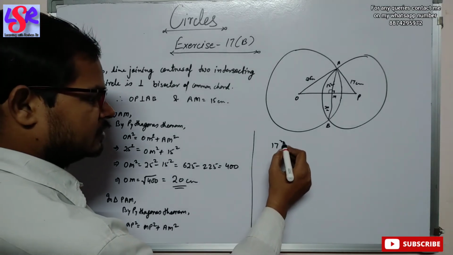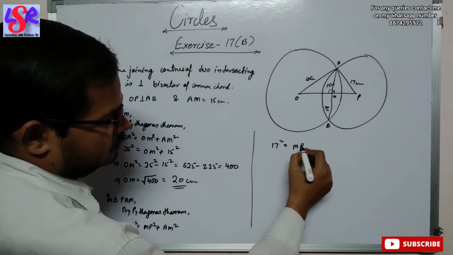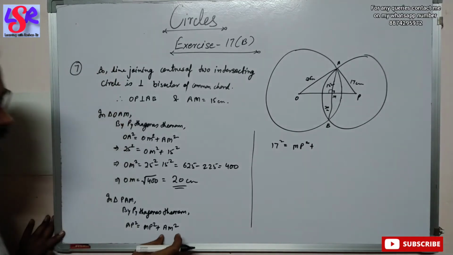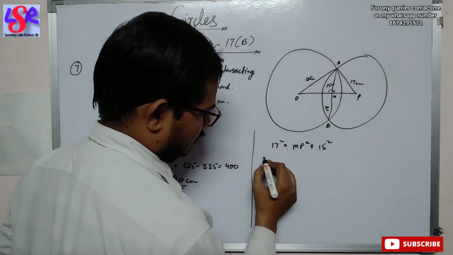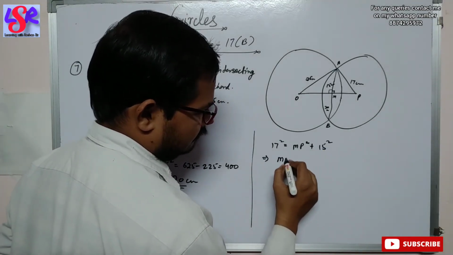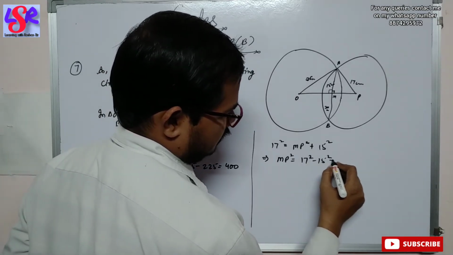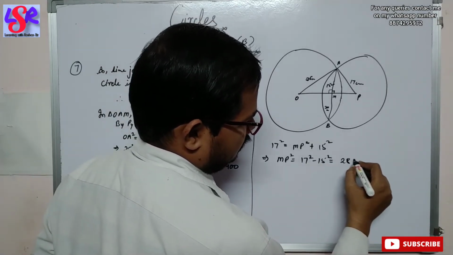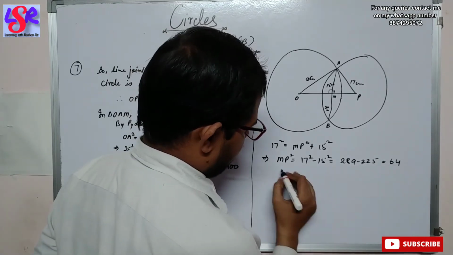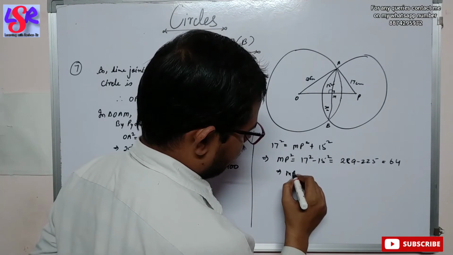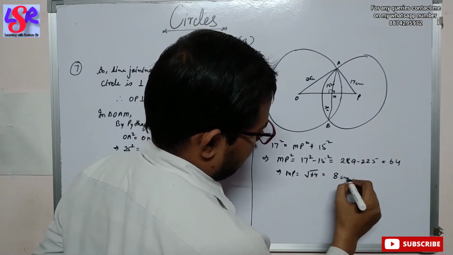So 17 square equals MP square, which we have to calculate, plus AM, which we have got as 15, so 15 square. On rearranging, MP square equals 17 square minus 15 square, that is 289 minus 225, that equals 64, and MP equals the square root of 64, that is 8 centimeter.